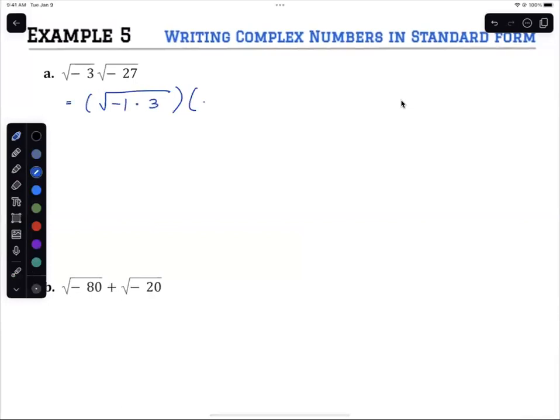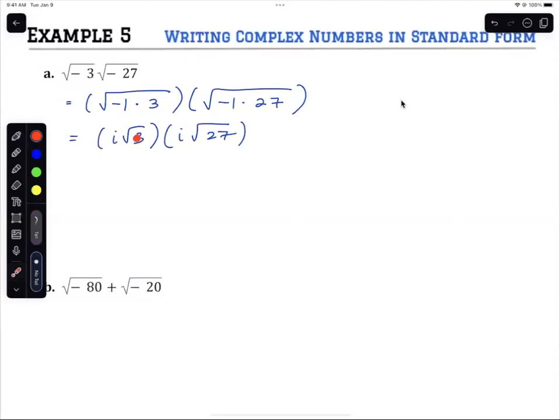And then the square root of negative 27 is the same thing as negative 1 times 27. Well, we know the square root of negative 1 is i. So I'm going to take i and pull it out. So this is going to be i square root of 3 times i square root of 27. Square root of 3, I can't break this down anymore. So that's as simple as this can get. So I'm going to leave this alone for now.